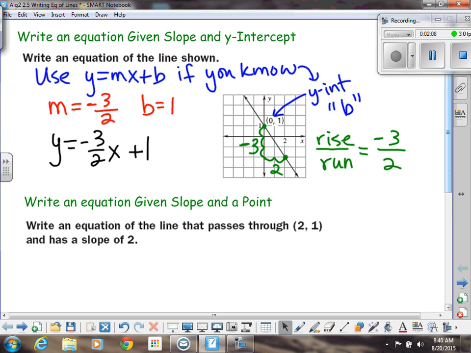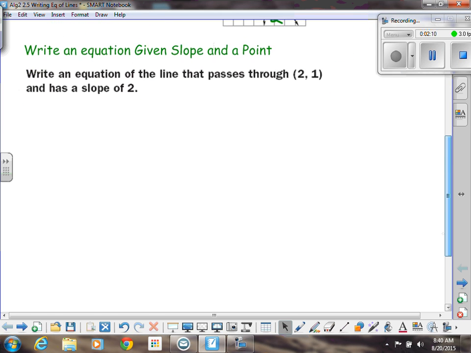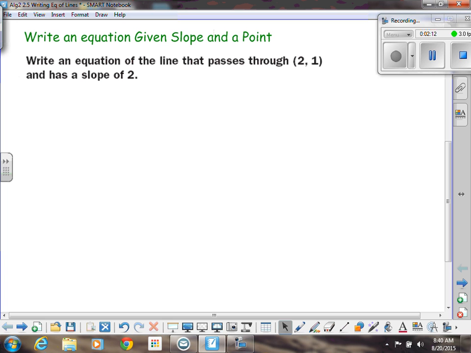Now let's look at what we do if we are given a slope and a point. We can use either hk form or point-slope form. From Algebra 1, you are used to the hk form. And remember, that looks like this, like it says up above.